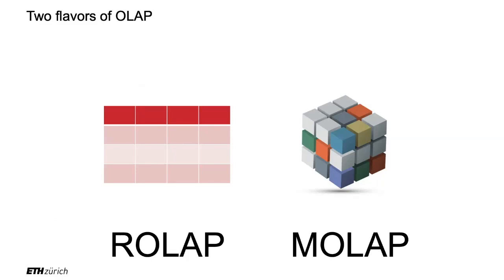So ROLAP is implemented on top of a relational database management system, and MOLAP is a native implementation of OLAP cubes. There is another one that's called HOLAP that is for hybrids, that is kind of in between ROLAP and MOLAP.